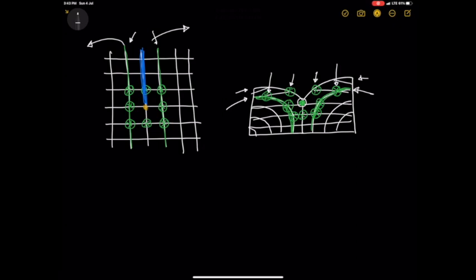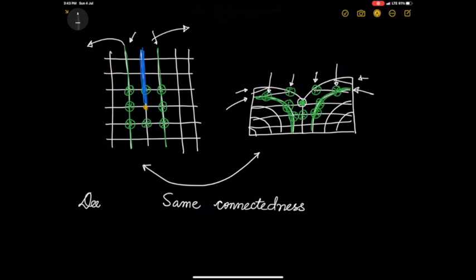So that's interesting. So what we say is that these two figures do not have the same connecting properties. The transformation from here to there is such that they don't have the same connecting property. The connectedness or the connecting property between the two spaces here is called the topology.